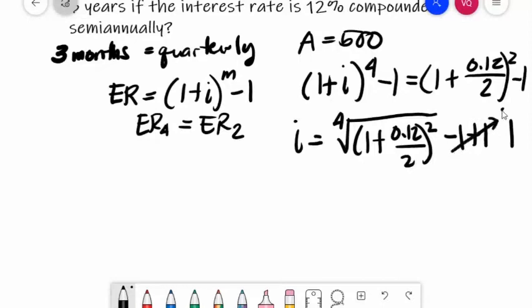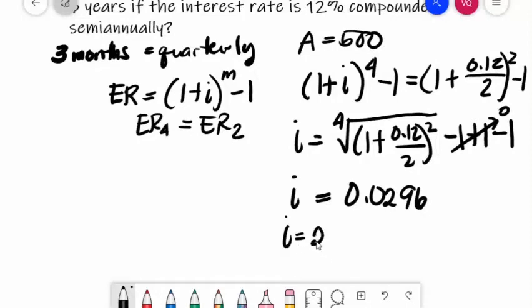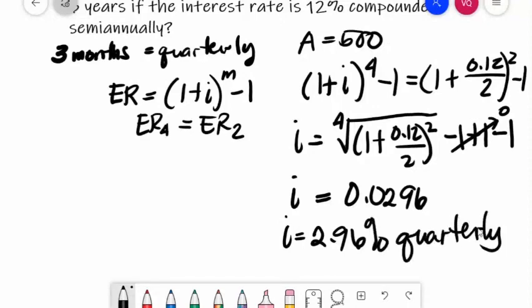So, cancel etong dalawa. I is equal to 0.0296 or I is equal to 2.96% quarterly.